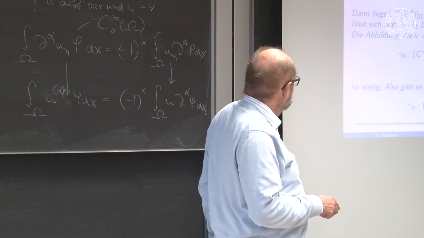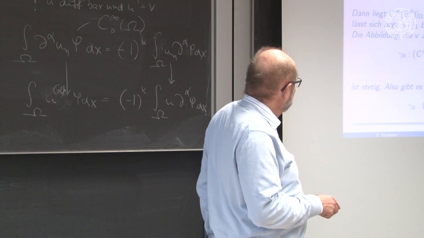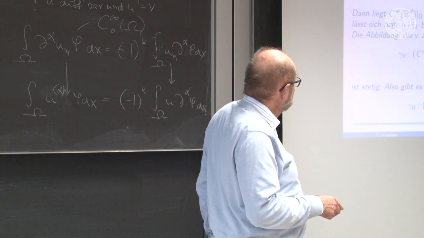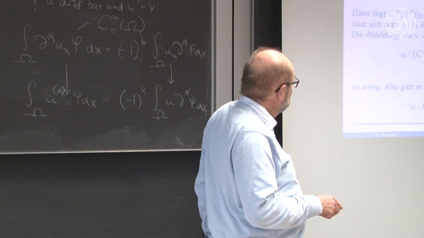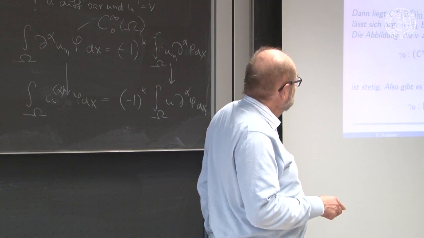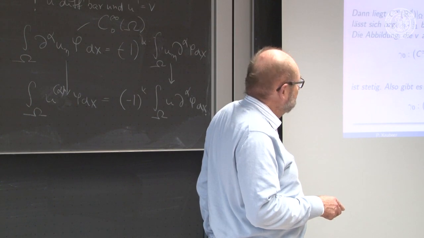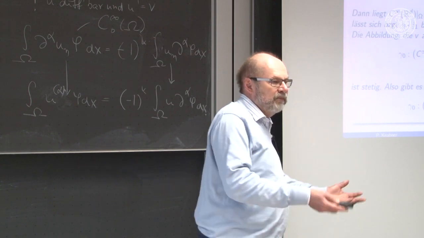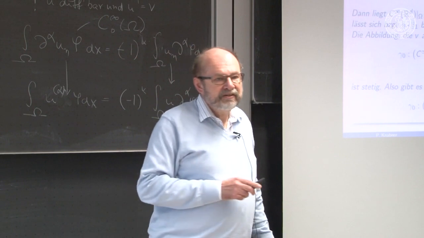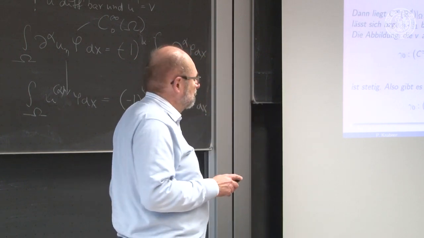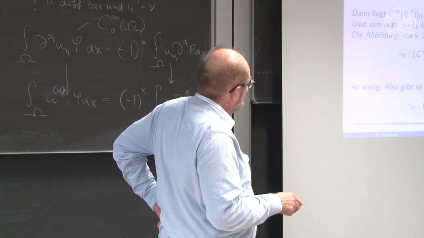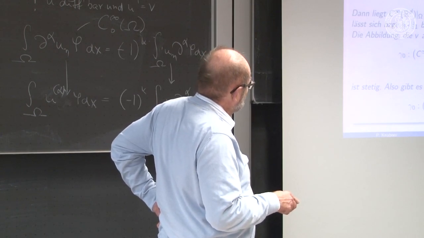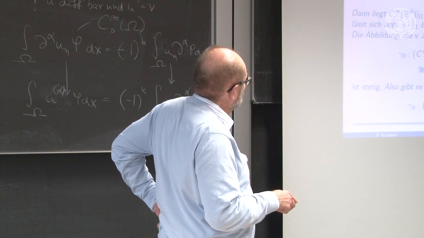And the second assertion is this restriction, which is also called the trace of the function at the boundary. This is, first of all, of course a linear operation. If I take the trace of a sum, it's a sum of the traces. And it's also a continuous operation. That means I can estimate the L2 norm of the trace for these very smooth functions by the H1 norm of these smooth functions.